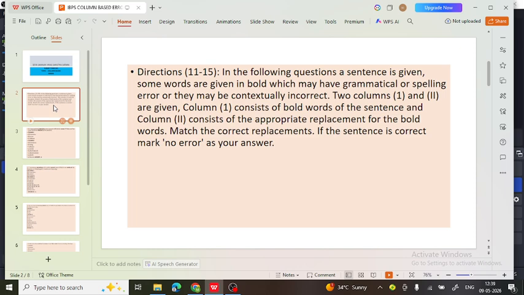In one column, the highlighted parts of the sentence will be listed, and in another column, appropriate replacements will be given to you, and you will be required to choose the appropriate replacement to make a grammatically correct sentence. Such questions are comparatively easy because you are provided with both the incorrect and the correct part.